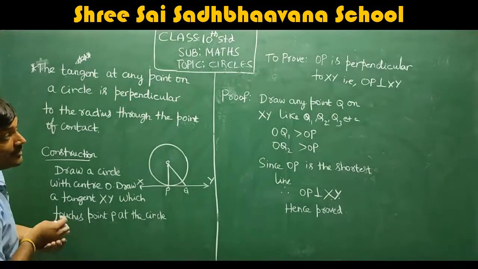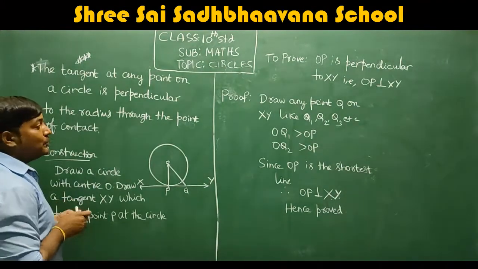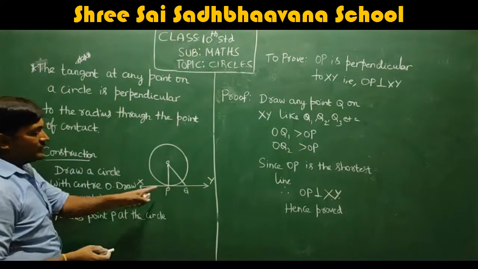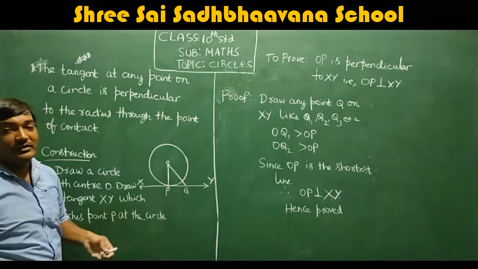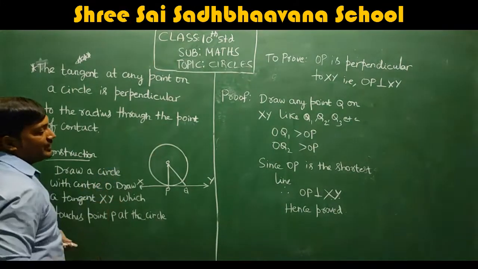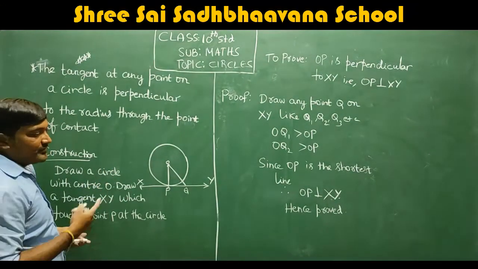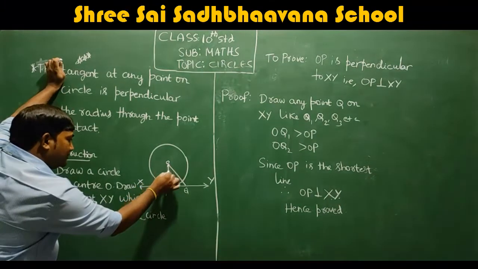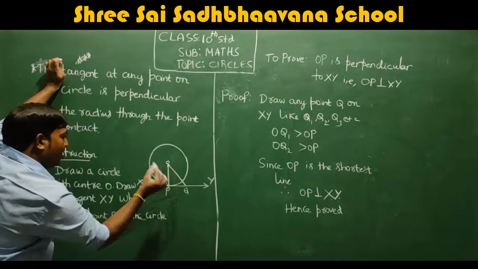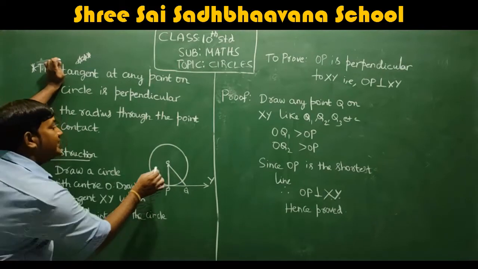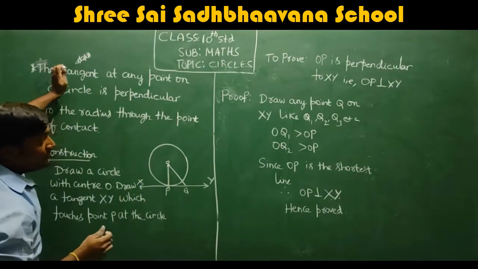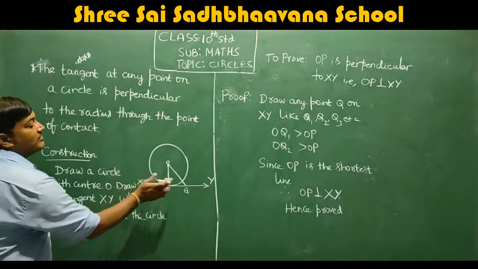For example, XY is the tangent we have taken to the circle, and the center is O. With respect to the radius, I am drawing a line. So OP is the radius, and this line segment OP should always be perpendicular to the tangent XY.